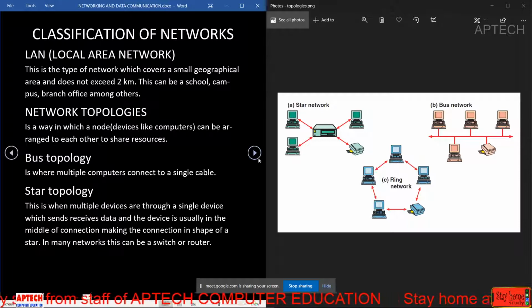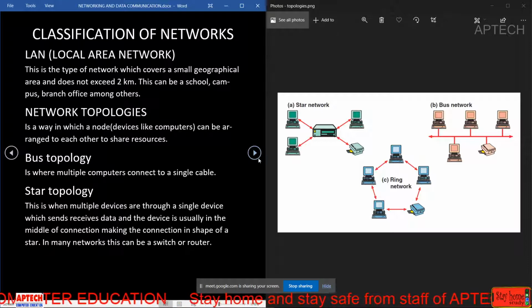So when you're using, like Devanshu, you say that you always use Wi-Fi, isn't it? From someone else's data. I feel sorry for that person, but anyway, that type of thing is what you're doing. You're doing the star topology. So multiple devices are connecting through that Wi-Fi access point.